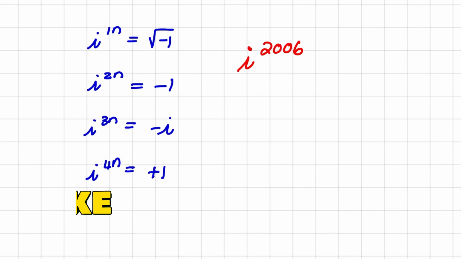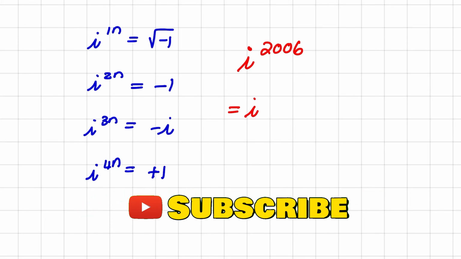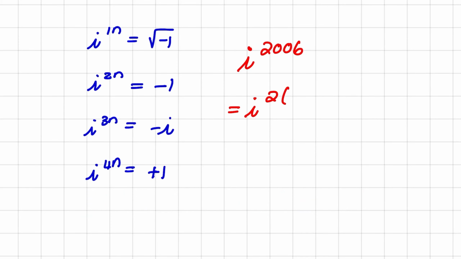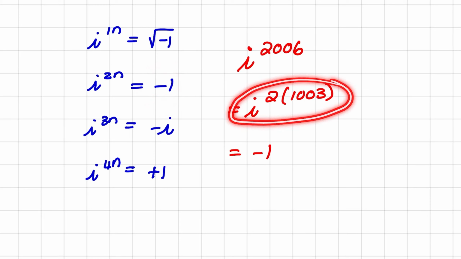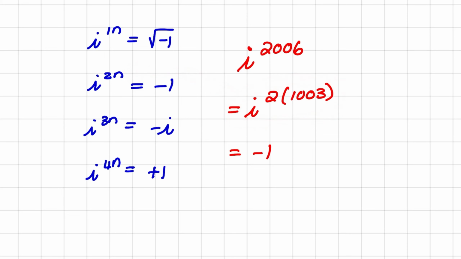So let's say we want to find i to the power of 2006. That is equal to i to the power of 2 times 1003. So I know that that value would be equal to -1, because this is the same as saying i to the power of 2n.